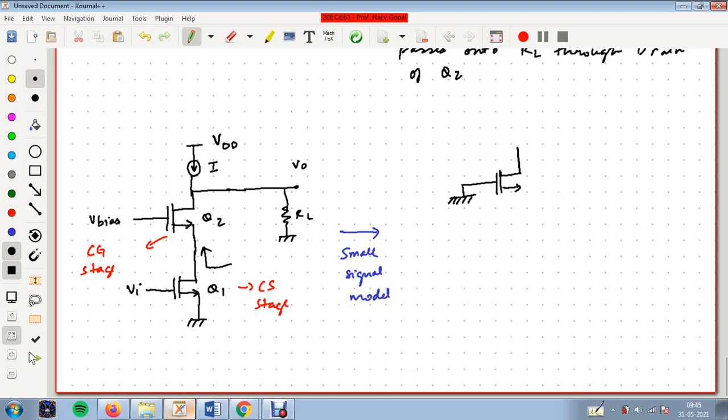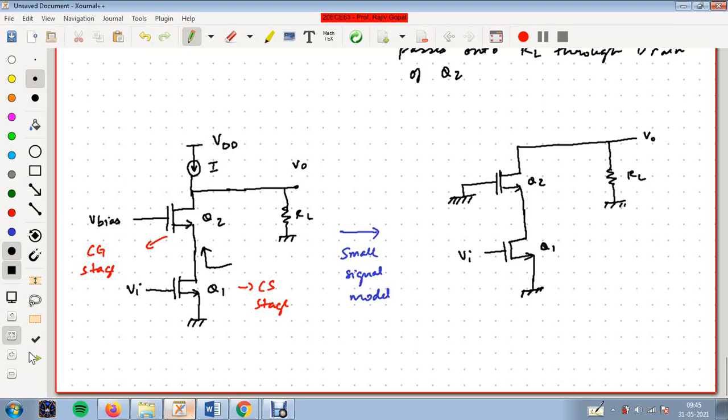So here, this will be going to Vo. This is RL. This is Q2. This is Q1. This is Vi. This is ground.